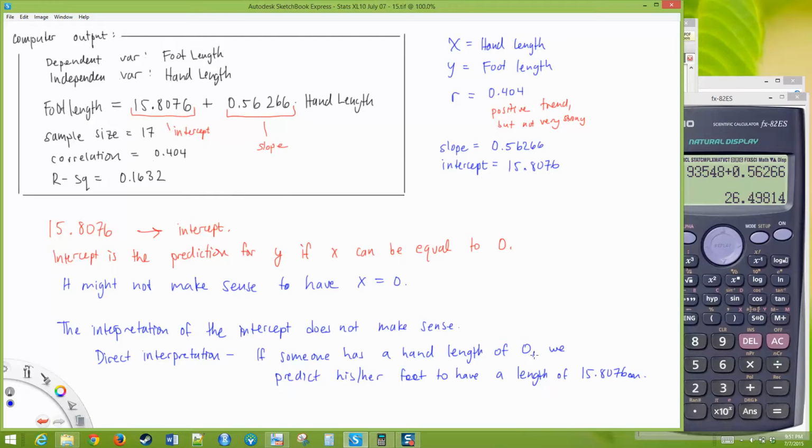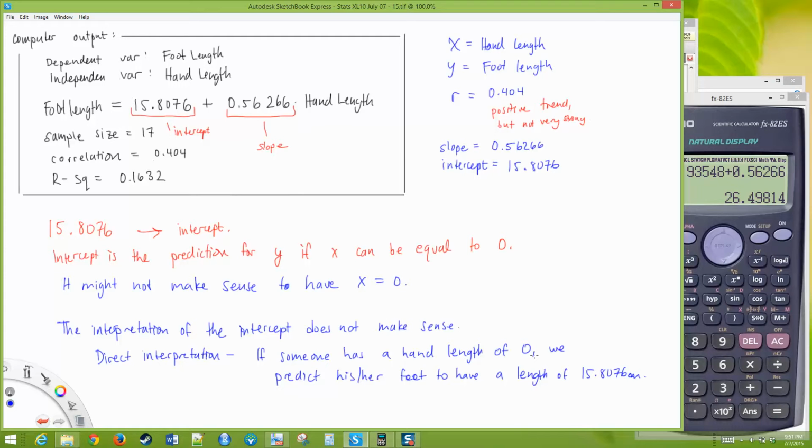On the other hand, if we had a situation where we predict the cost of a Honda based on its mileage, can you have a car with 0 miles on it? Yes, that would be a brand new car. And would it make sense to try to predict the value based on that information? Yes. Okay?